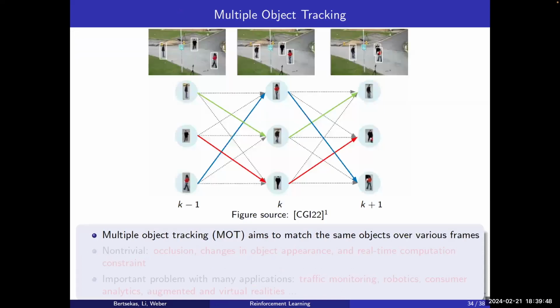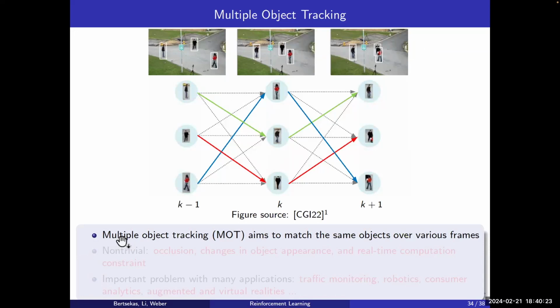So how is this relevant to the multi-object tracking problem? If we look at this academic example, where we have, let's say, a video stream with 3 frames, and we have 3 objects or 3 people moving in this common environment, what we would like to do is match the same person over various frames.